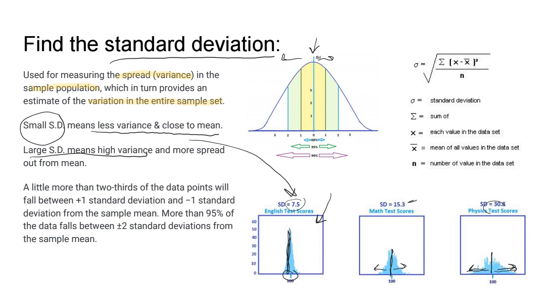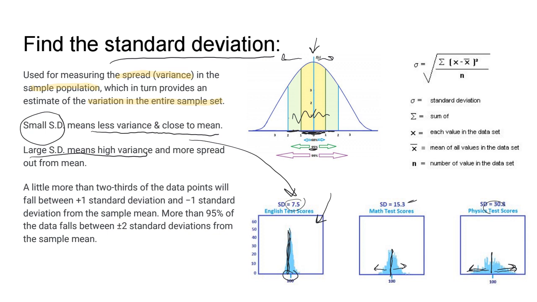Just to get into some of the numbers here, in the yellow, this is most of the data. One standard deviation below the mean and one standard deviation above the mean, about 68% of your sample population is going to be in there. And then two standard deviations: if you go to the mean, subtract 2 standard deviations and add 2 standard deviations, about 95% of your sample population is going to fall within that range.